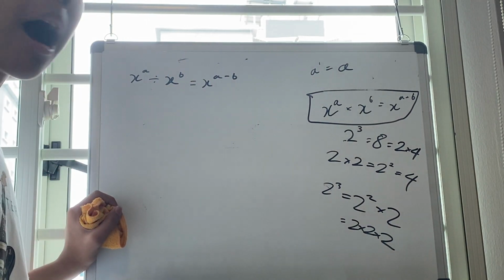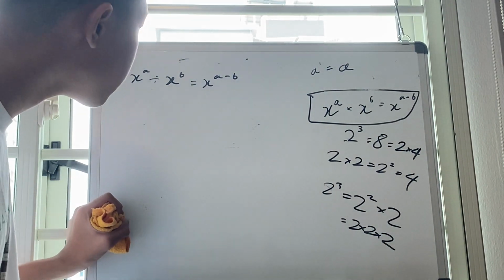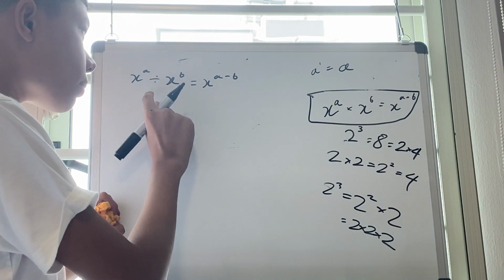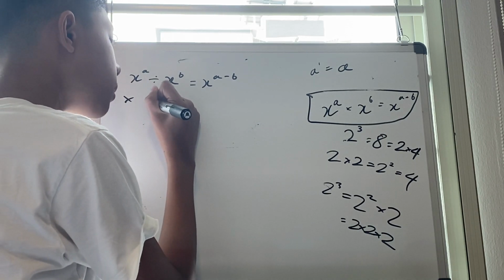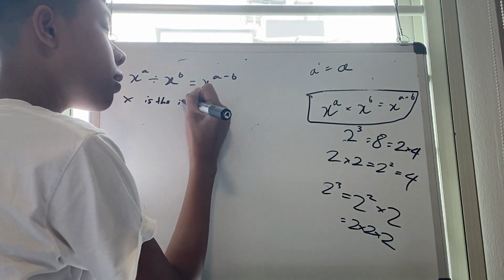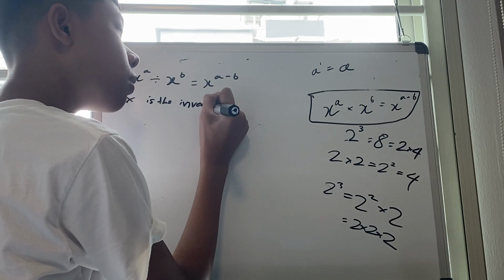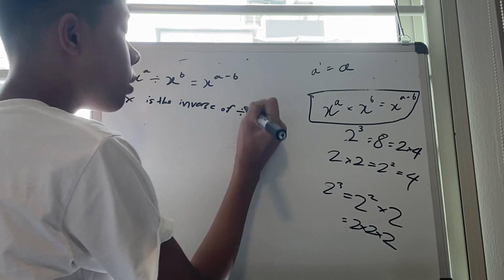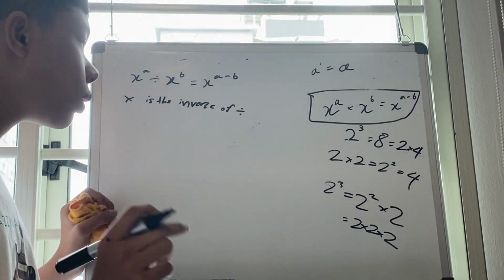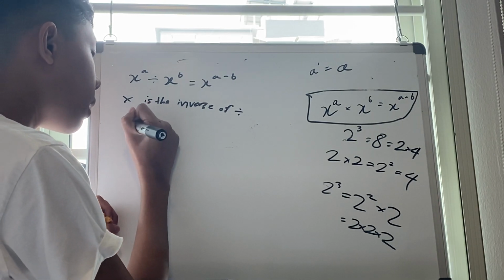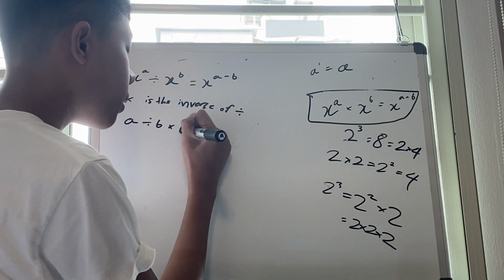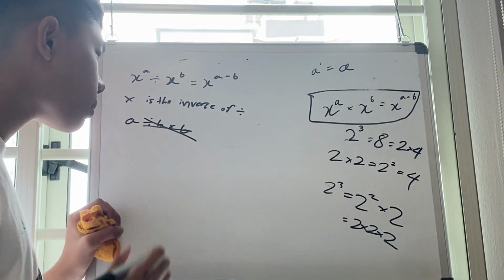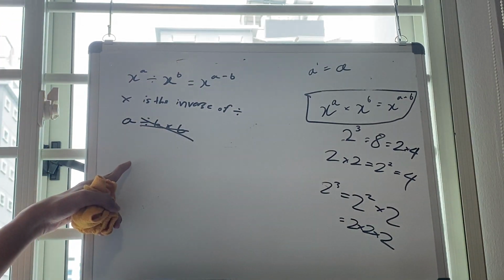But how did we get there? Remember that multiplication is the inverse of division, because when you take a divided by b times b, these two cancel out, so you're left with the same number.